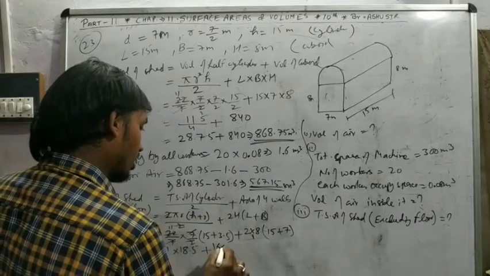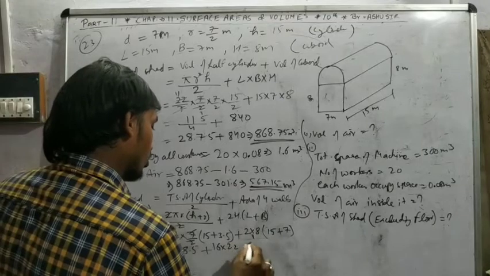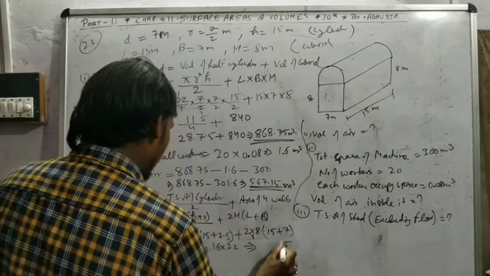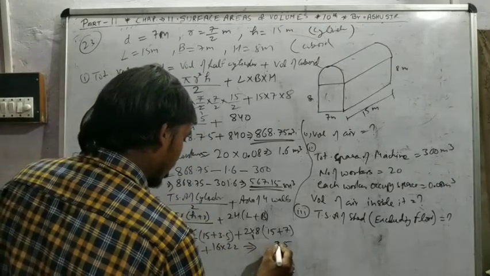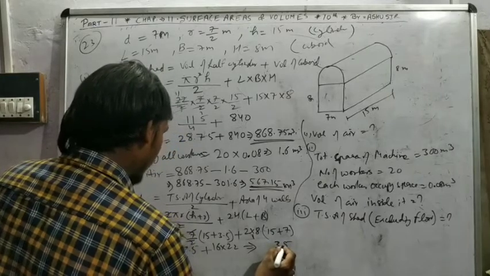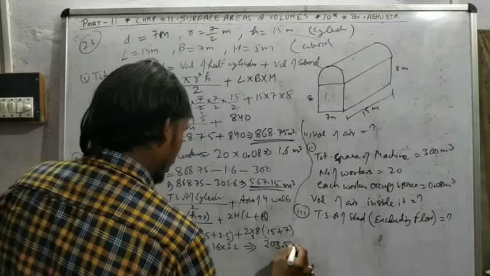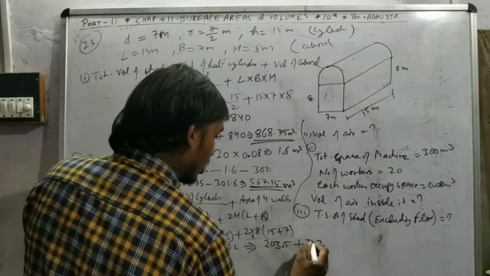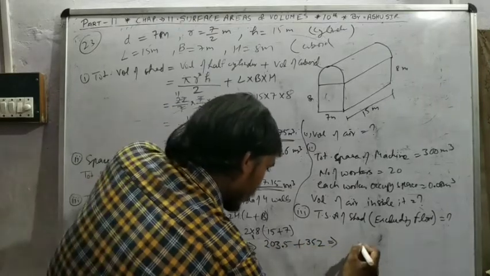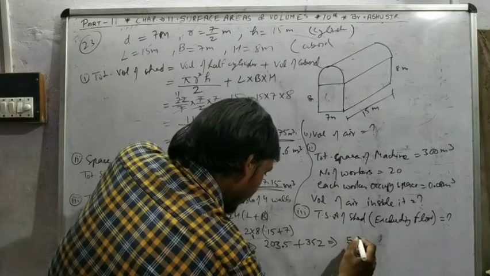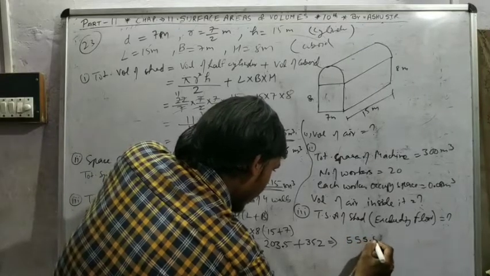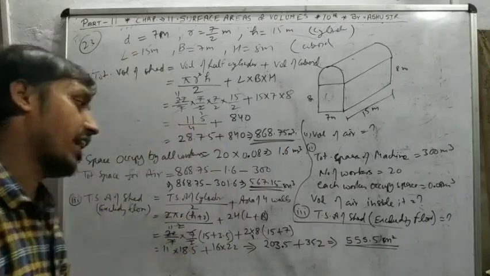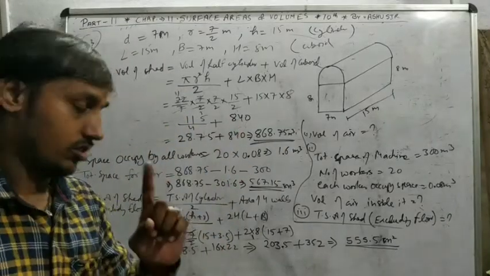So 8 2s are 16 into 22. 11 5s are 55, carry 5, 11 8s are 88, plus 5 is 93 and so on, plus 16 2s are 32, giving 535.5 meter square is the surface area of the whole shed excluding floor.